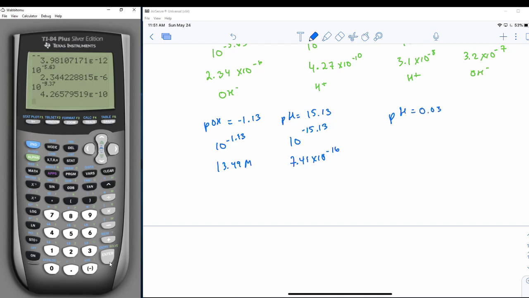So you can see with this, you can get a variety of different numbers here for this same concept. So there isn't necessarily a right number or a wrong number here, as long as you're doing everything correctly.